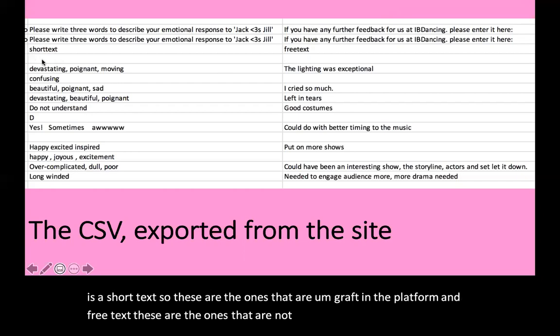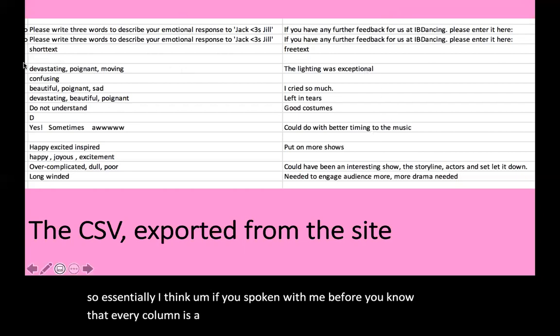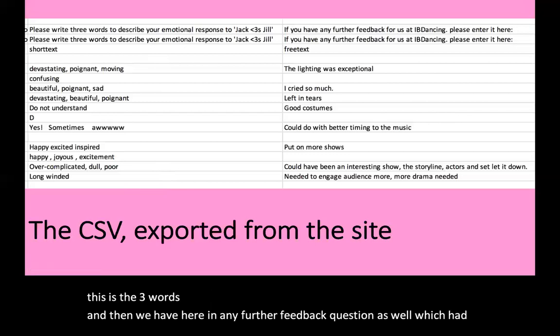Essentially, if you've spoken with me before, you all know that every column is a question and every row is a response. So you can see here, this is the 3 words question. And then we have here an any further feedback question as well, which had no direction as to how much they should answer.